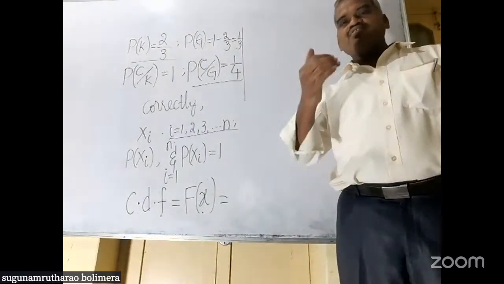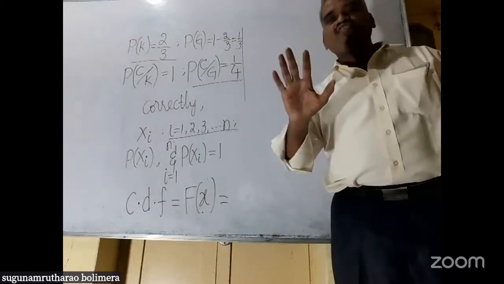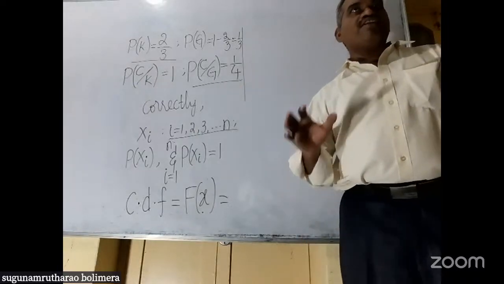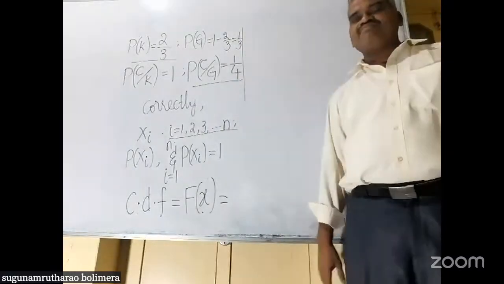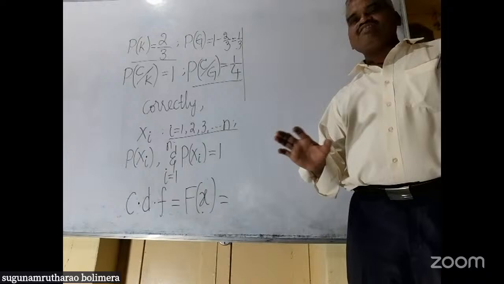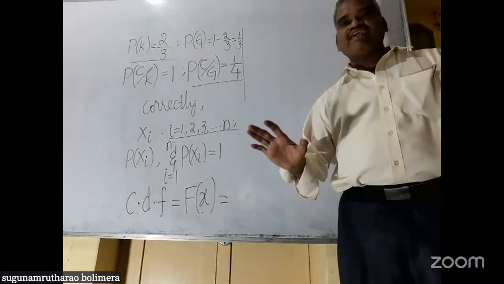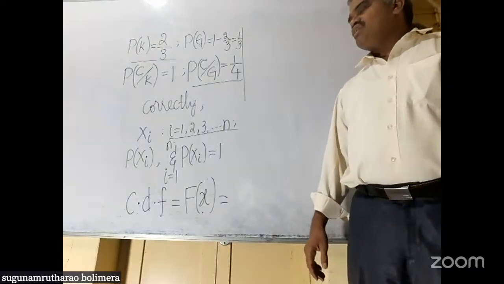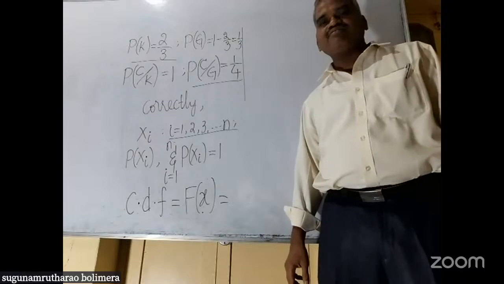So if you want to measure the temperature for every hour, you will be having 24 readings. Such type of variable or variate is known as discrete. If it takes only finite values, it is known as discrete random variate. And probability of discrete random variate is P of xi.